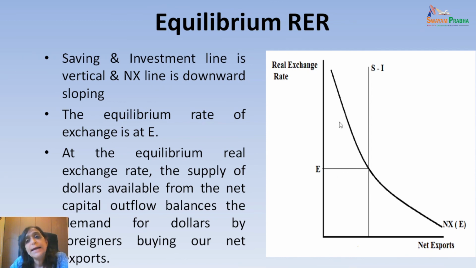Another way of looking at it is that when net exports are negative, at a higher real exchange rate, your exports get expensive because domestically produced goods get expensive, so exports are less and there is a trade balance gap. Or we will be importing goods which are less expensive abroad. When you are importing, you are spending money outside.